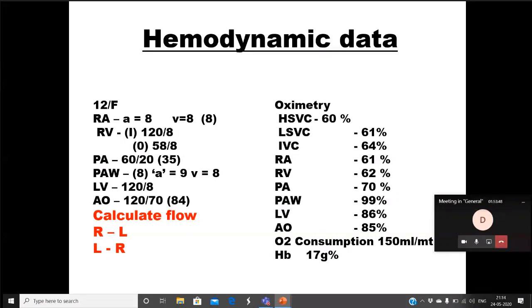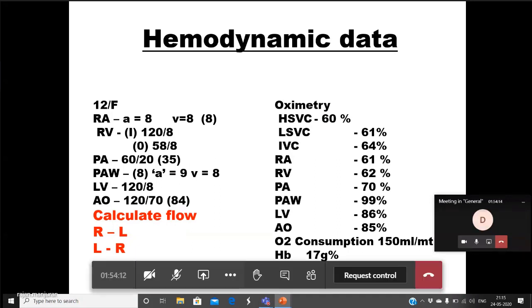Sir, if the network is poor, it will come late, sir. That's okay, somebody else can interpret. Any volunteers? Who has got the next hemodynamic data on their laptop? Anybody? 12-year-old female, sir.